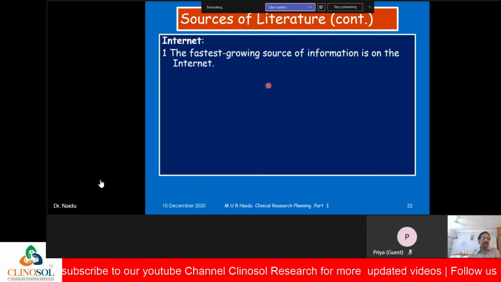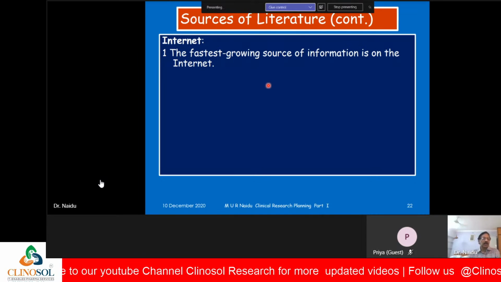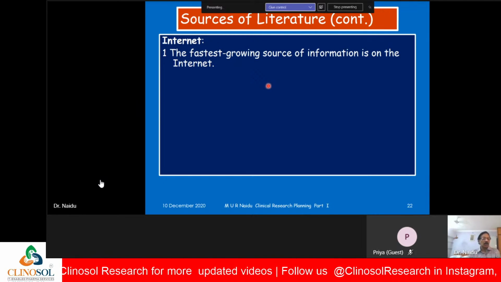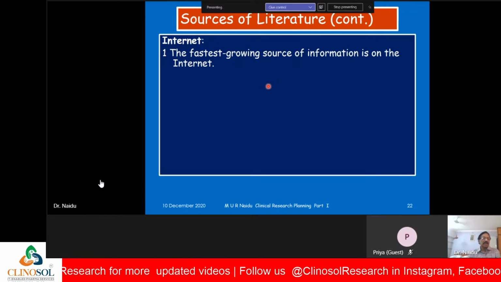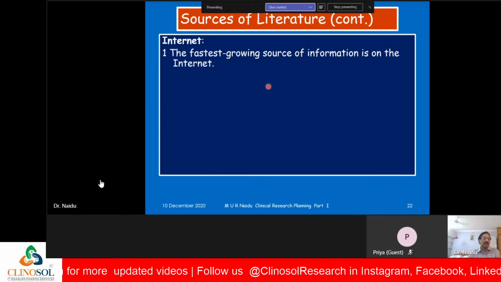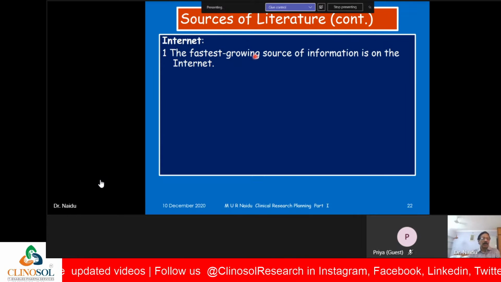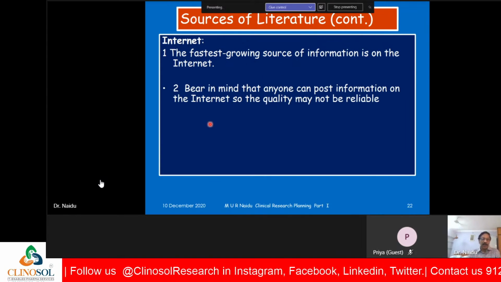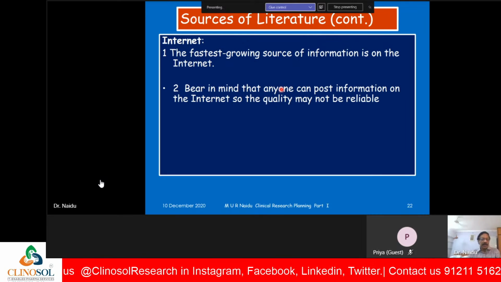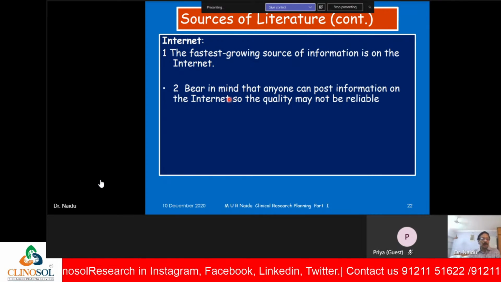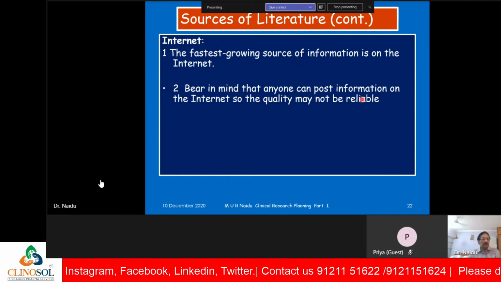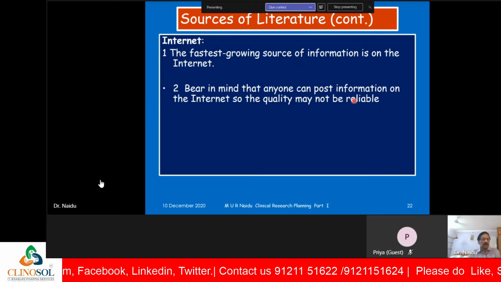The internet is really very fast, very good. For example, I was telling you that when I wanted to design a study on vitamin D for COVID, within 10 days I could get 170 references only via internet sources. But one has to bear in mind that anyone can post information on the internet, so I'm not sure of the quality, and I'm not sure whether it is reliable or not.